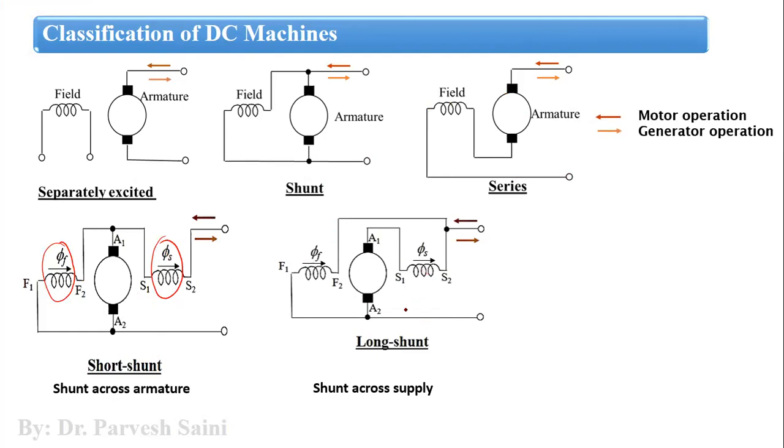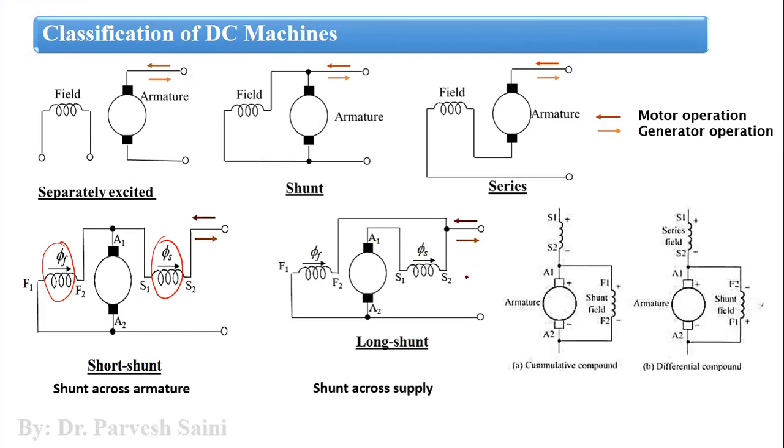In case of differential, the flux generated by the series winding opposes the flux generated by the shunt winding, right? So that becomes the differential compound, as you can see in these two diagrams. This is the cumulative compound DC machine, this is a differential compound DC machine.